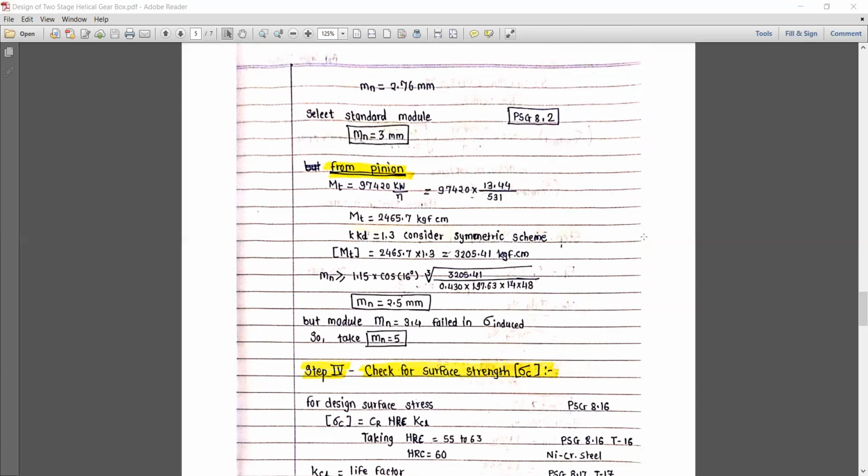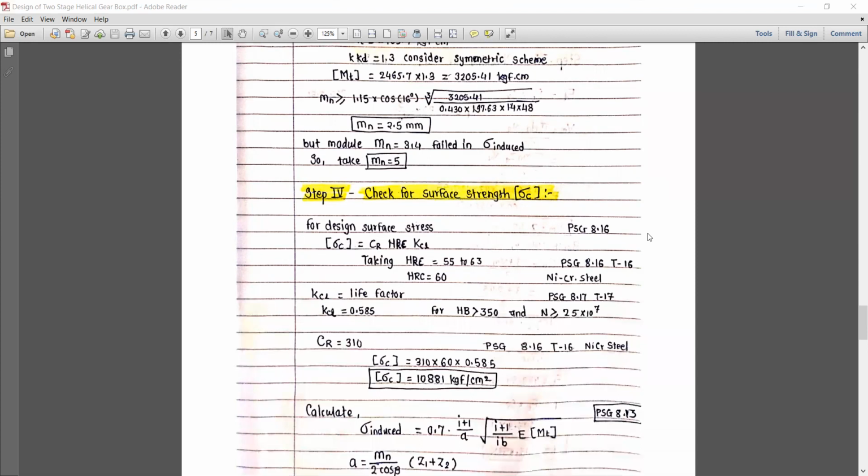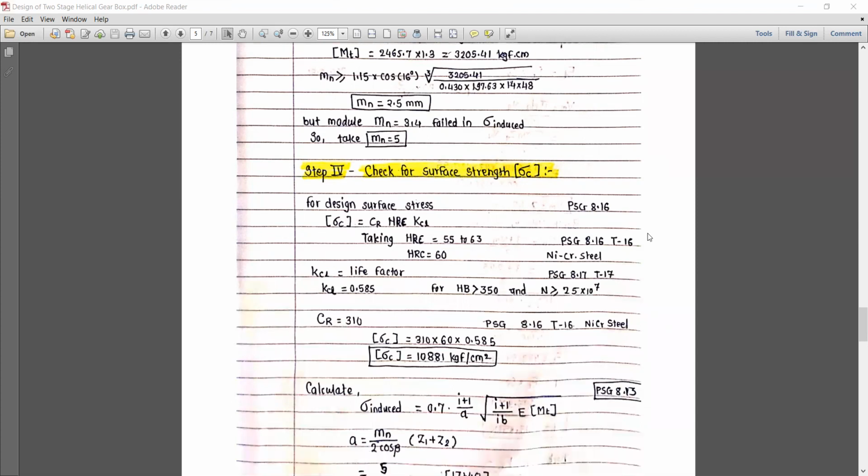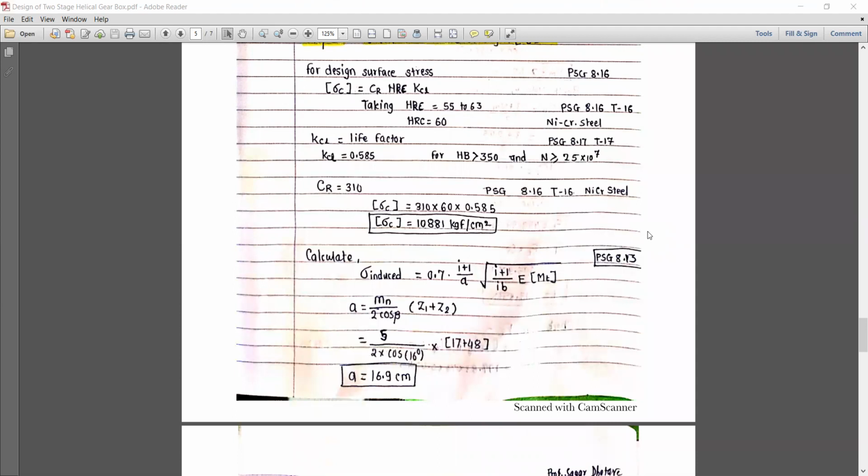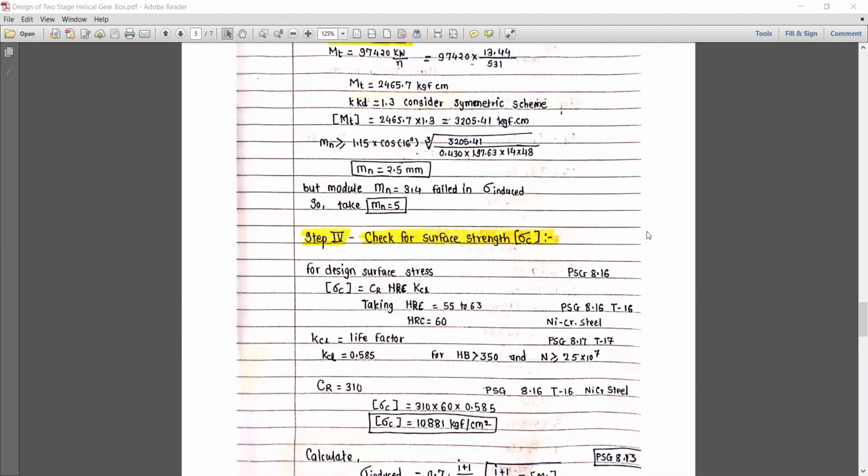So here also, after calculating the value of Mn, we get 2.5. But modules 3 and 4 fail in sigma c. When you calculate the value, you will definitely find that these are going to fail. So to avoid repeat calculations, we can directly select the normal module Mn equal to 5 mm.